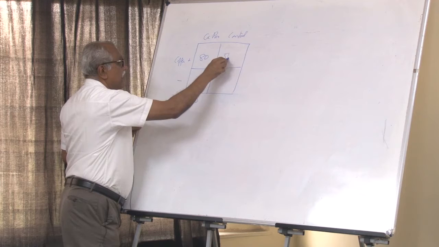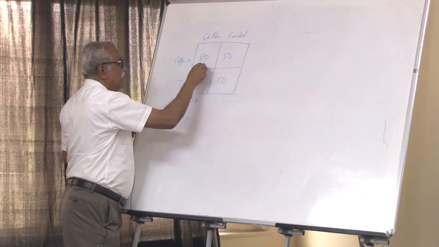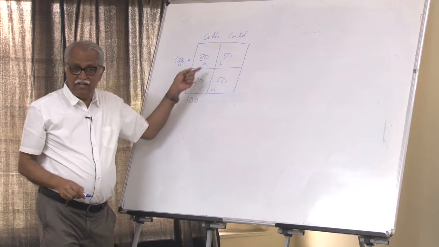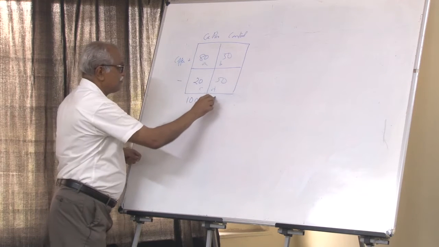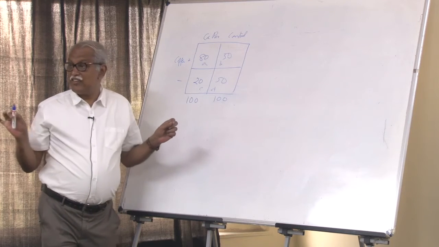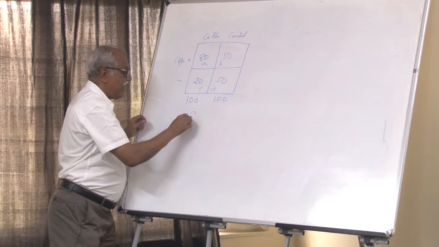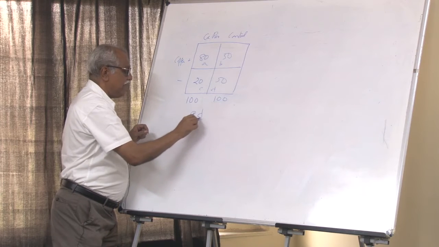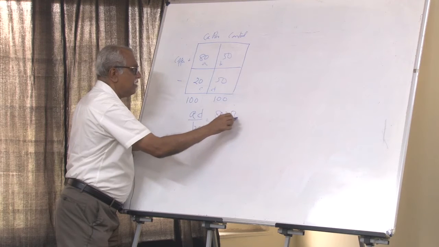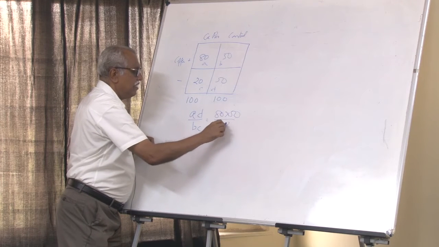A, B, C, D. You remember the 4 letters, my favorite one? They appear here also. And then I do this tricky calculation. I say AD by BC is equal to 80 into 50 divided by 50 into 20 is equal to 4.